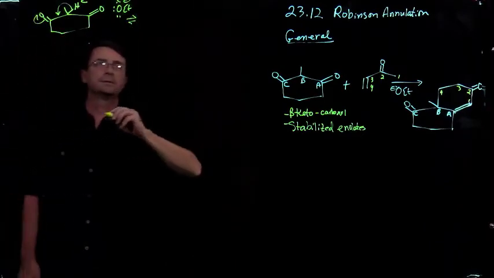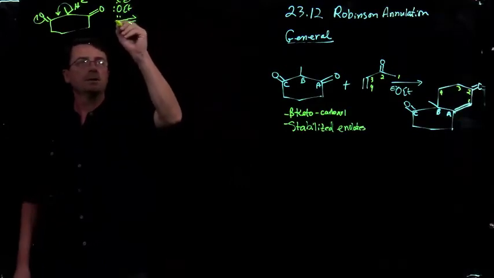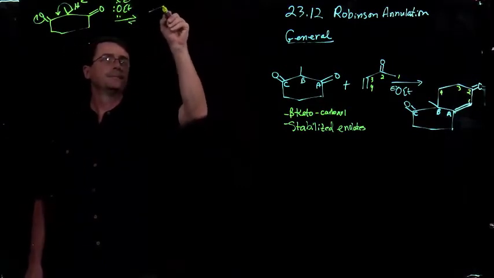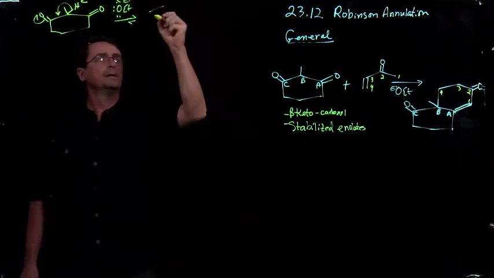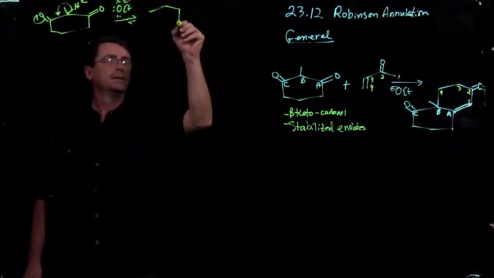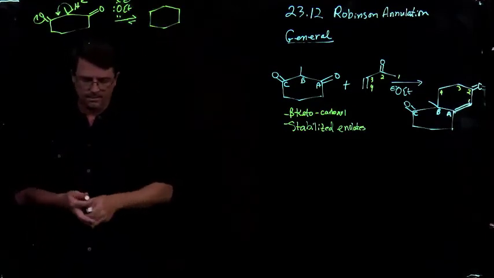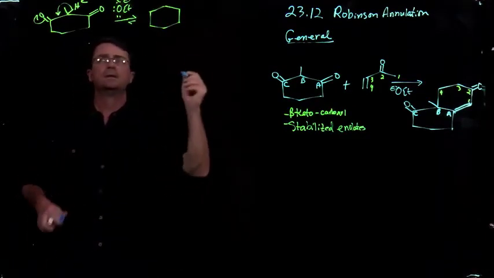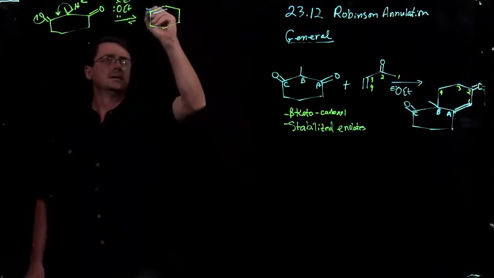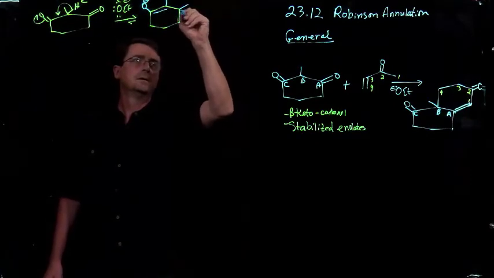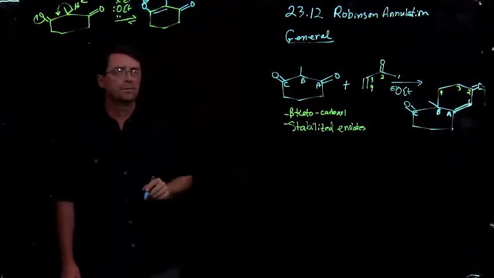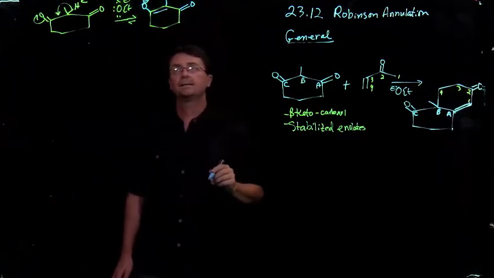We know that this is a strongly favored equilibrium. So we form our stabilized enolate.